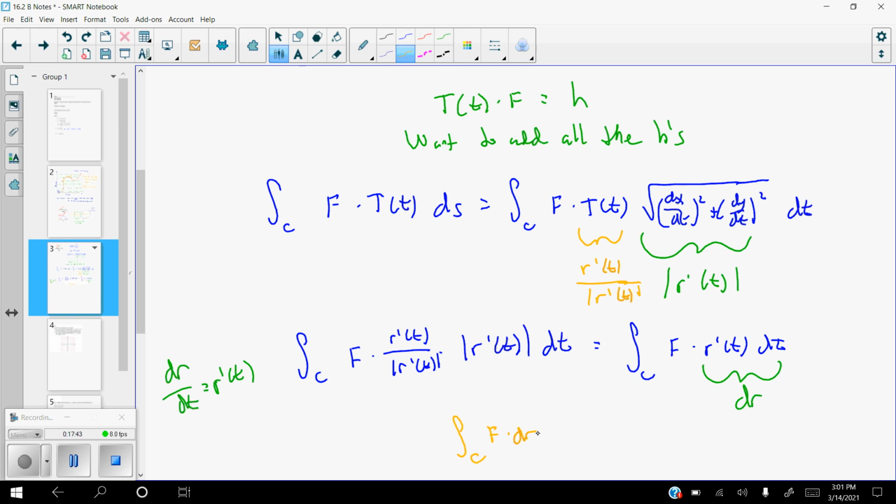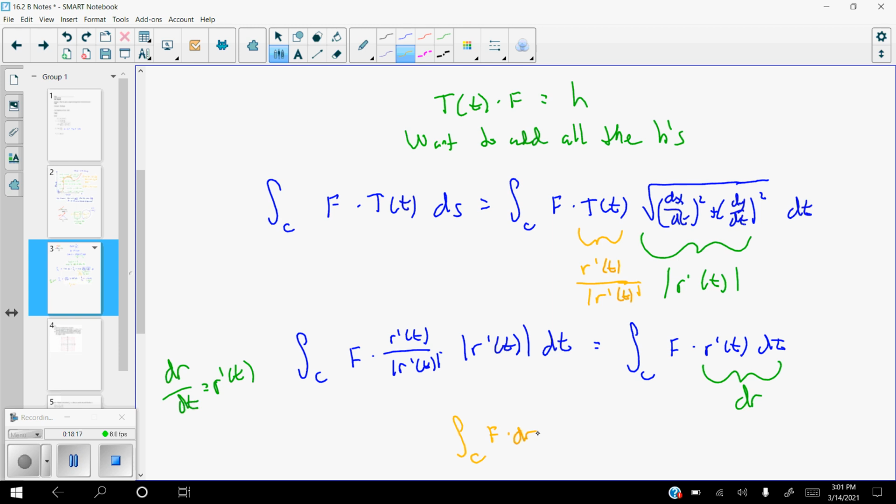You've got to remember that dr is r prime of t dt, and that r prime of t is your derivative of the parametrically defined r function. So when we do this, the force F has to be parametrically defined. r prime is just going to be the derivative of that, dt. So your dr is really just that derivative.